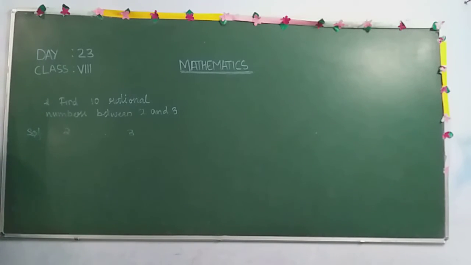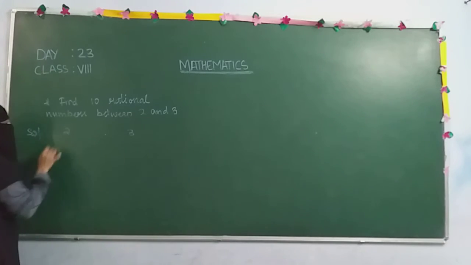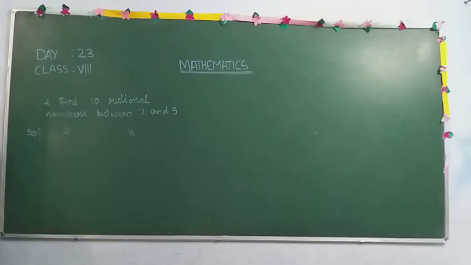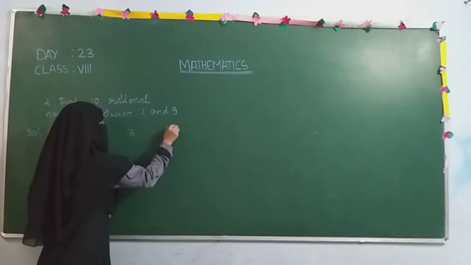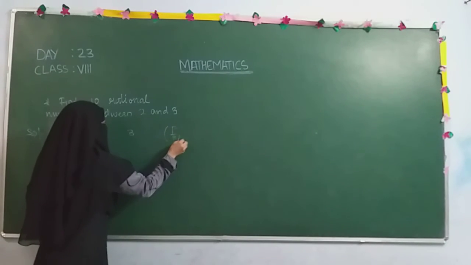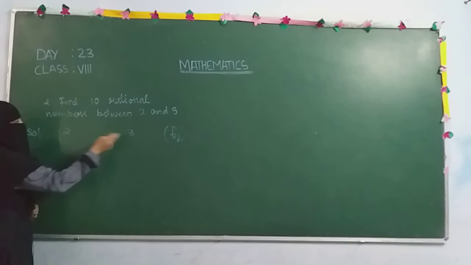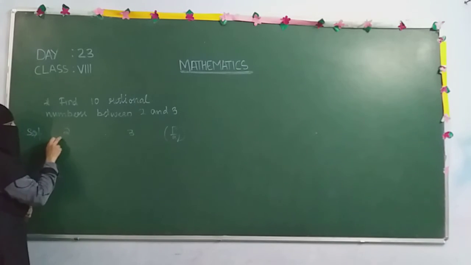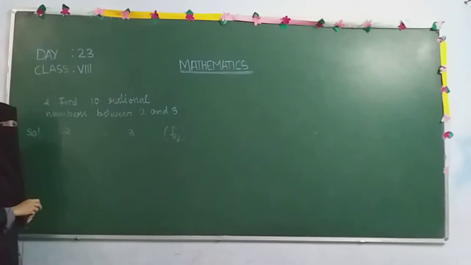So for this alternate method, you have to make the denominator of these two numbers as 10. Okay, so what is the denominator given? We know very well, rational numbers are in the form of p by q. Comparing this, p value is 2 and p value is 3, but there is no q value.